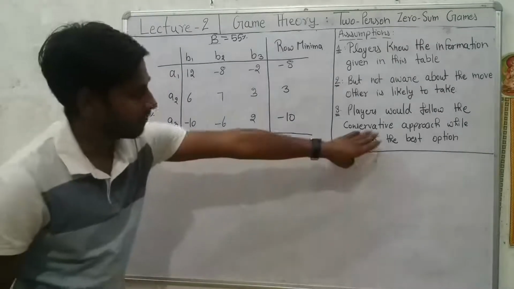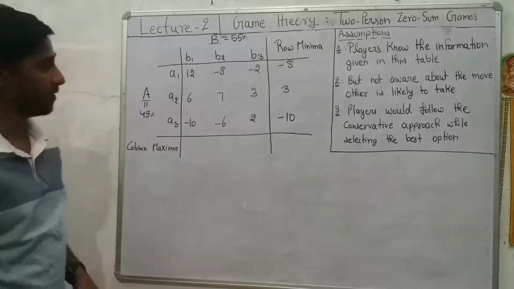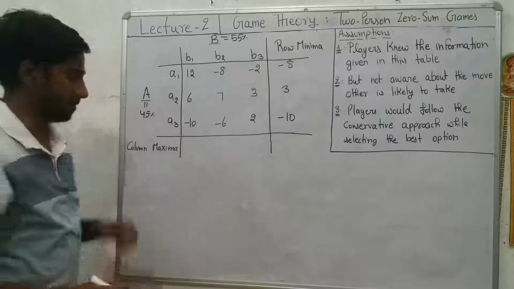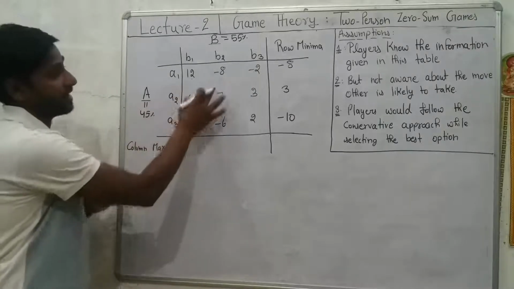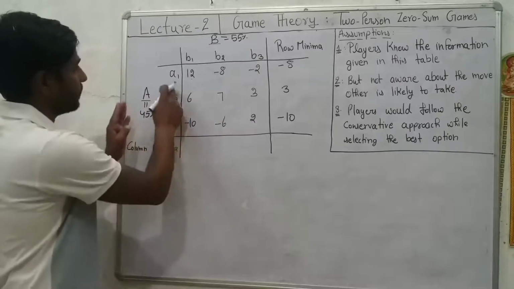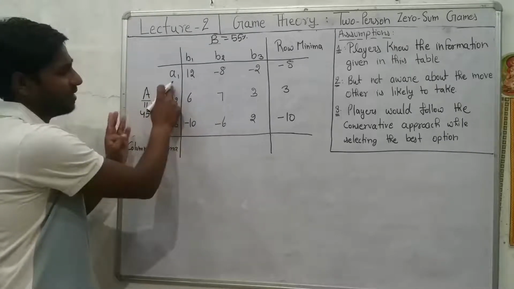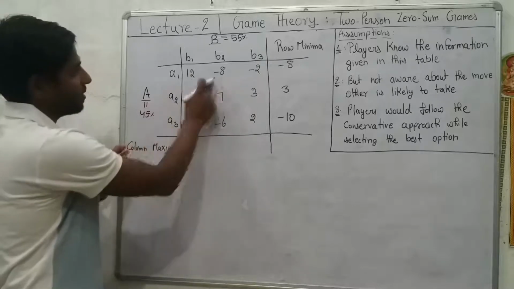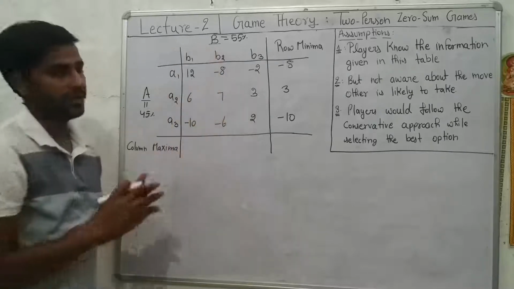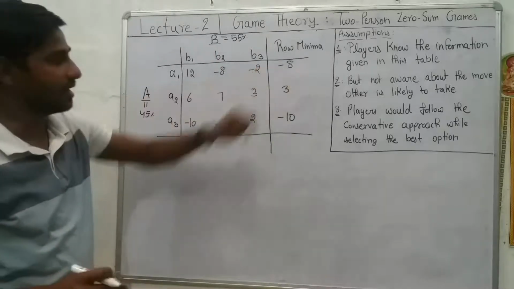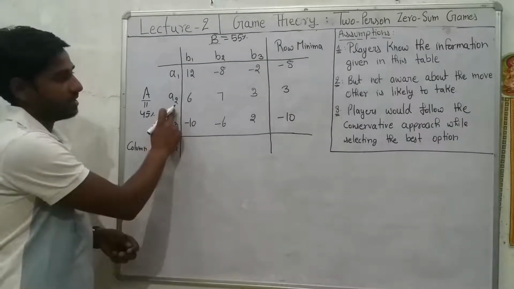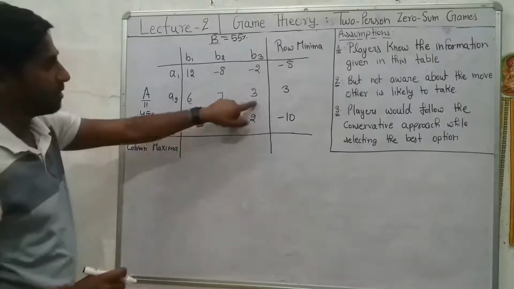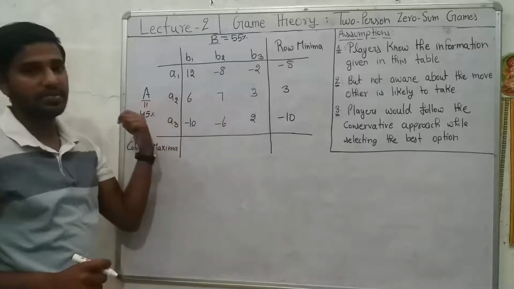Similarly, in this row the minimum value would be minus 10. Remember that we are following the conservative approach. It means we are going to consider the worst scenario for a particular competitor. So if company A is opting for A1, the worst case can be minus 8, that it could lose 8% market share to B. In case of strategy A2, the most negative situation can be 3, that A could get 3% of market share.